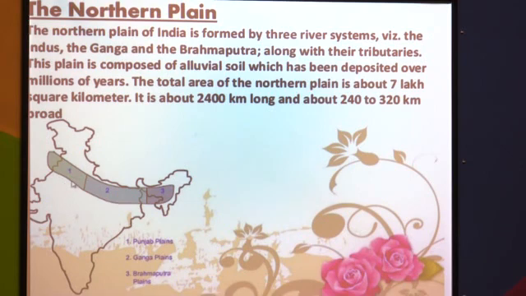This plain is formed by three major river systems, Indus, Ganga and Brahmaputra, along with their tributaries. Not only the main rivers, their tributaries are also flowing there.